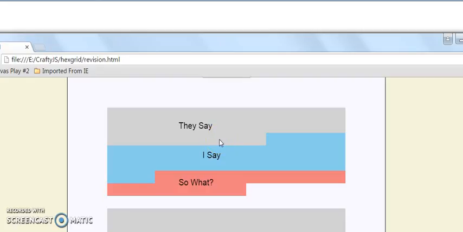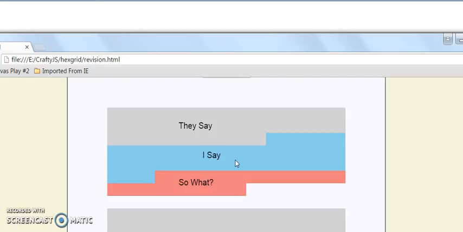Some sort of compressed or summative version of the they say, then your thesis, that's the I say, and then so what. Included or implicit in your thesis should also be a preview of the paper's organization, so that readers will have a sense of where you're going to take them.